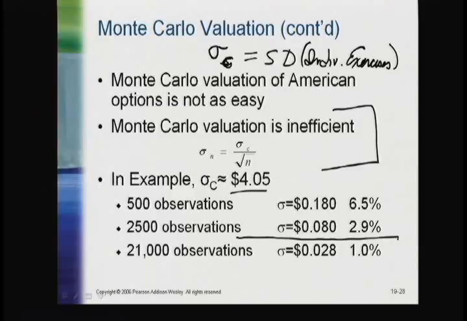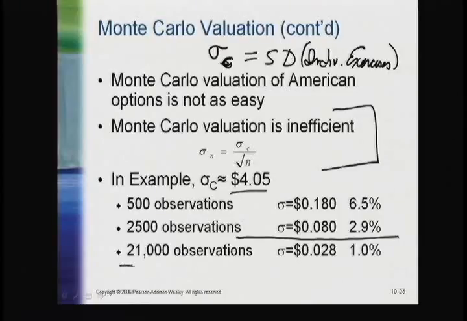So you could construct confidence intervals in the usual way using a student t or a normal distribution. The central limit theorem would basically tell us that the distribution of values that we would produce for this option price is approximately normally distributed, and we see it has a standard deviation of about 8 cents. So we're getting a pretty good estimate with 2,500.